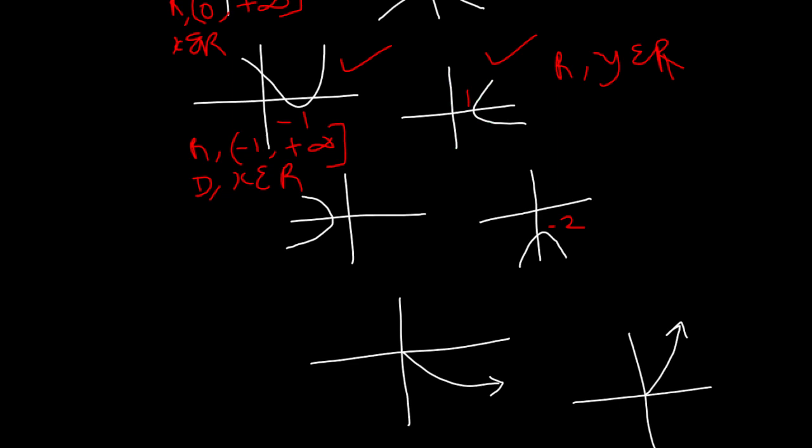But as for the x-axis, I can continue this side, but the graph is not defined from that point going forward. So the domain ranges from 1 to positive infinity. All right, great.